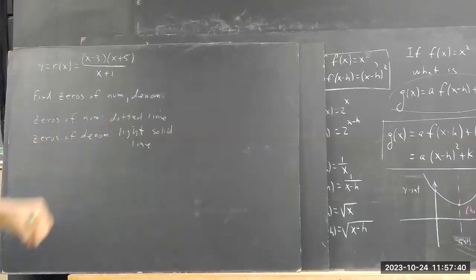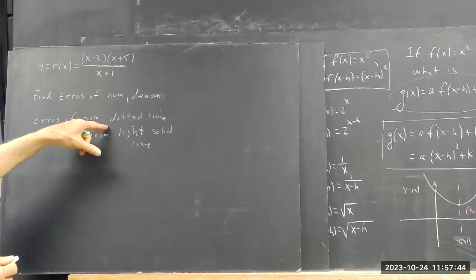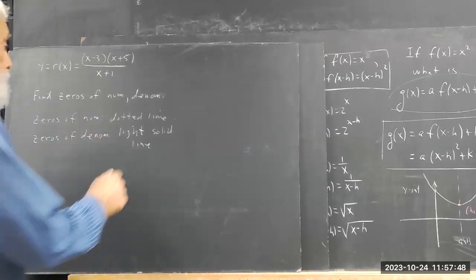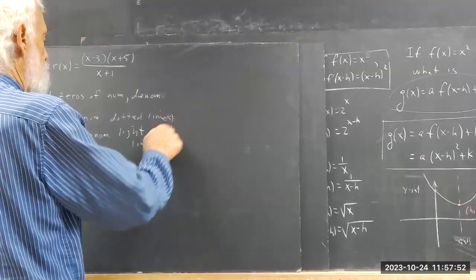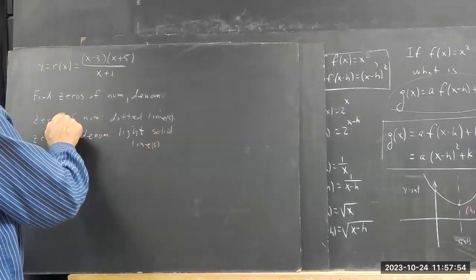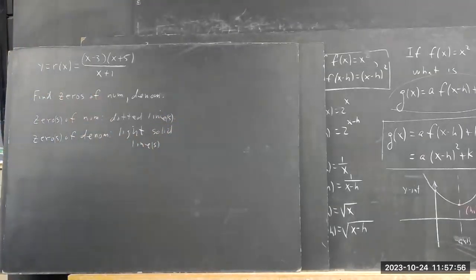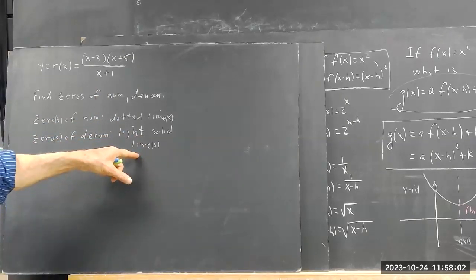Then the zeros of the numerator, we're going to indicate by dotted lines. And we don't always have multiple zeros, so we'll put parentheses around the F. And zeros of the denominator, solid lines, remind us that those are going to be asymptotes.